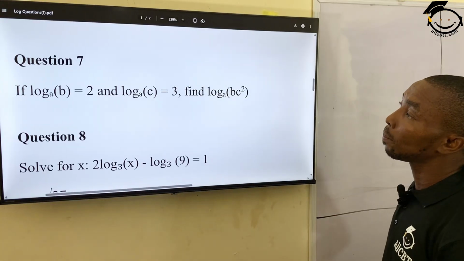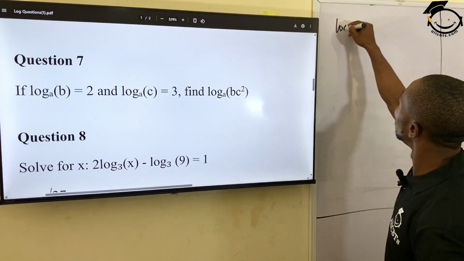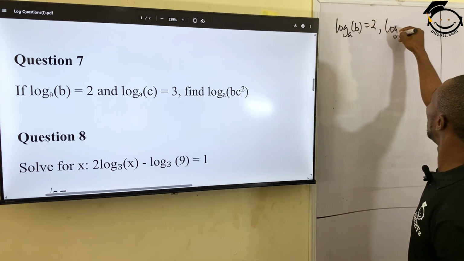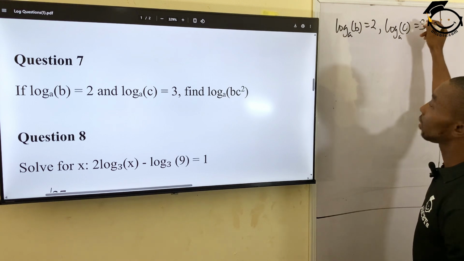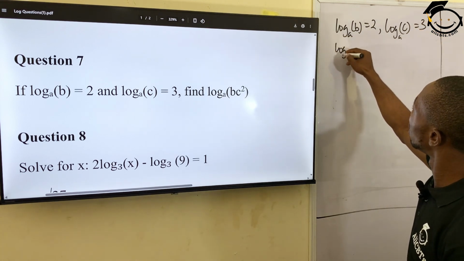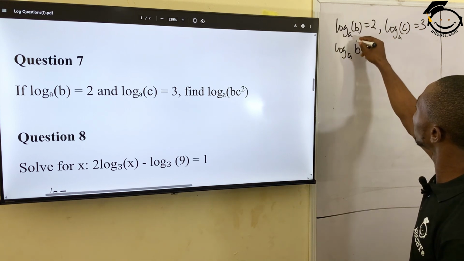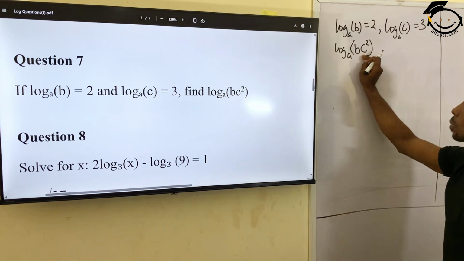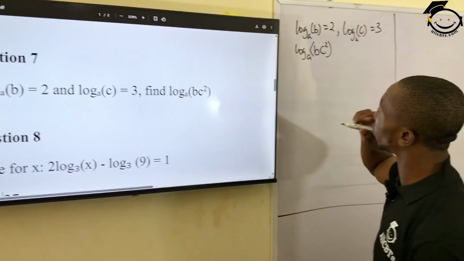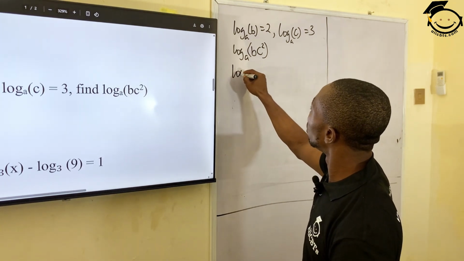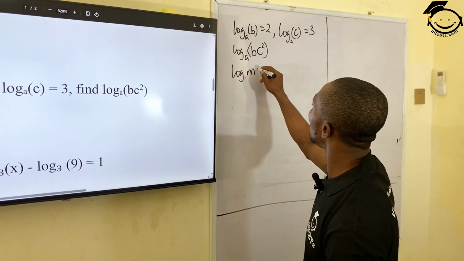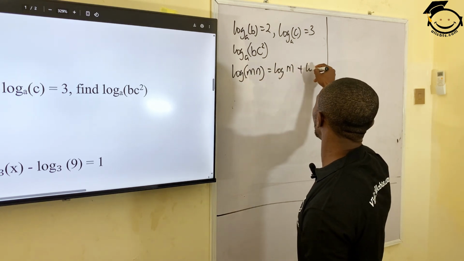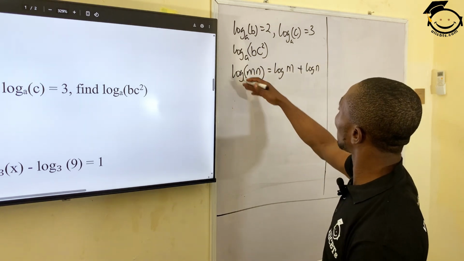If log AB equals 2 and log AC equals 3, find log ABC squared. Now, to find log ABC squared, you can see that B is multiplying C. So we are going to use the multiplication law in reverse, which is log MN can be written as log M plus log N. So we are doing an inverse of that law.